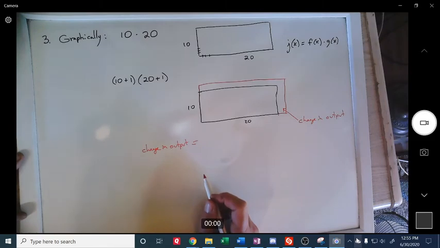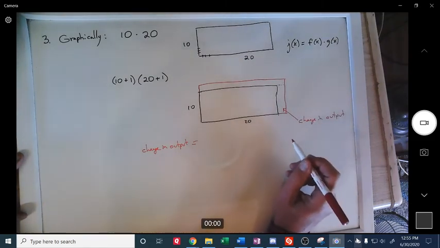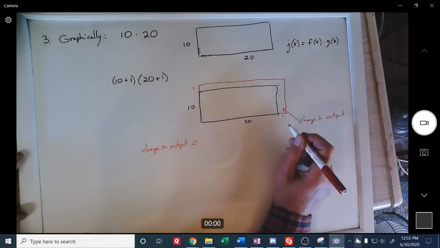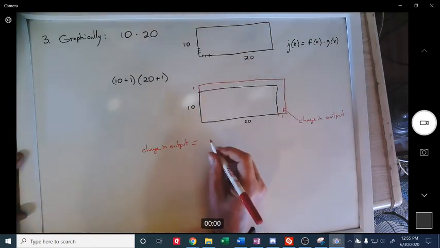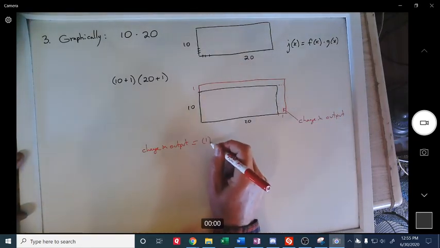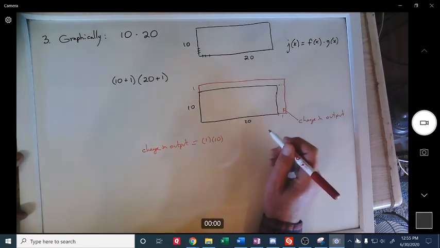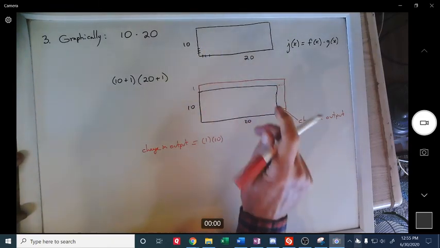There's this component right over here. Now this is 1 and this is 1. So this could be 1 times 10. And then this one is a rectangle 1 high by 20 wide.